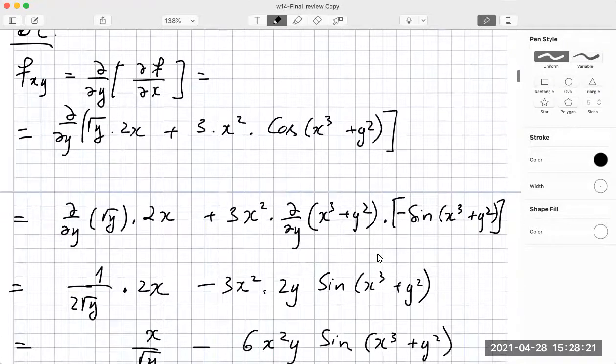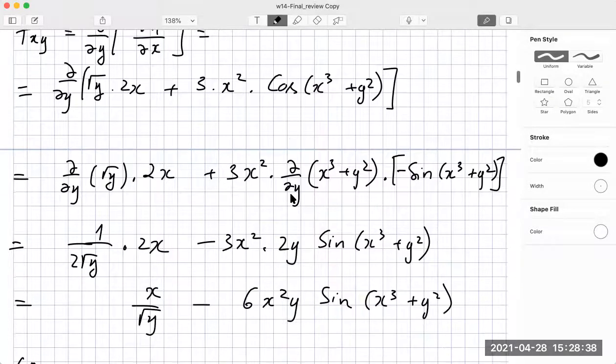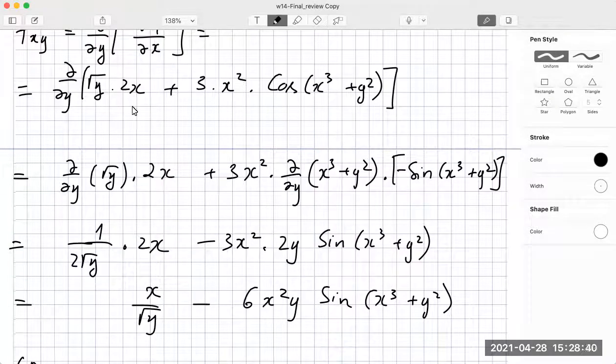By definition, f sub xy here will be d over dy of df over dx. We found the result of df over dx above from question A, substituted here. Then we do it slowly here. We treat x as a constant.